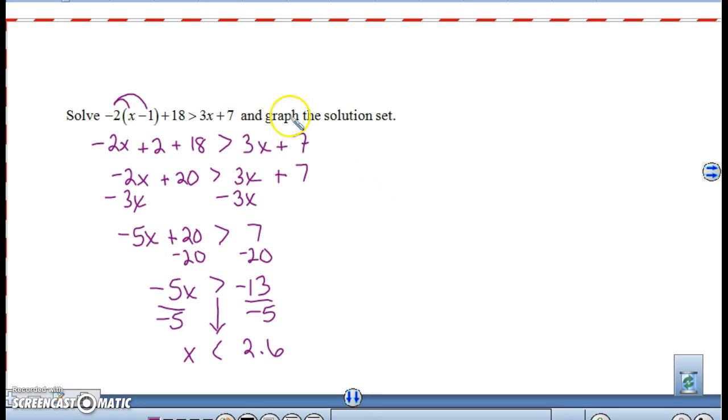Now, it says graph the solution set. When you graph a solution set, you put it on a number line. So here's my number line, and we put our critical point of 2.6 on your number line. Here's 2.6. Okay, now, is 2.6 included in this inequality? This says x is less than 2.6.